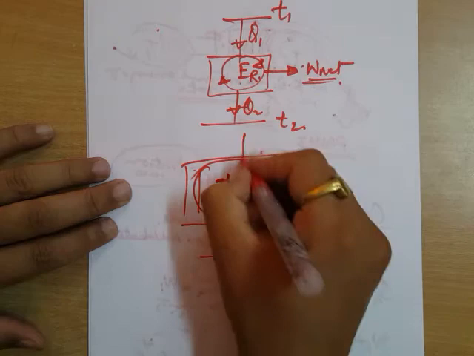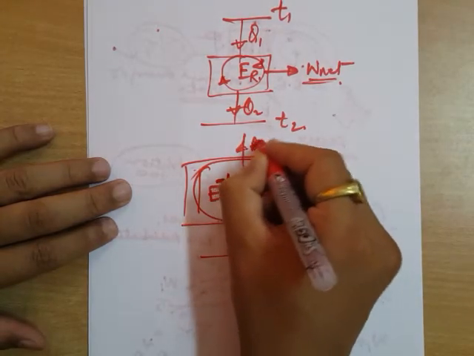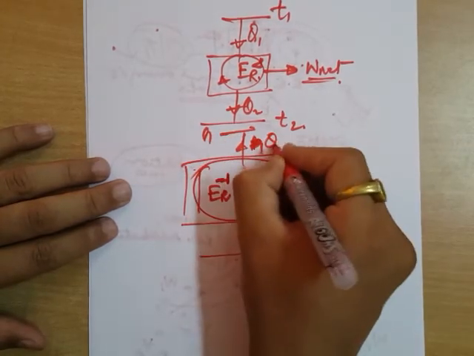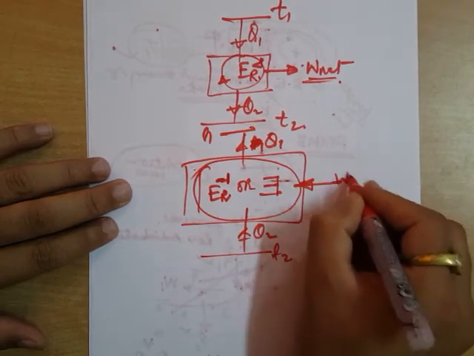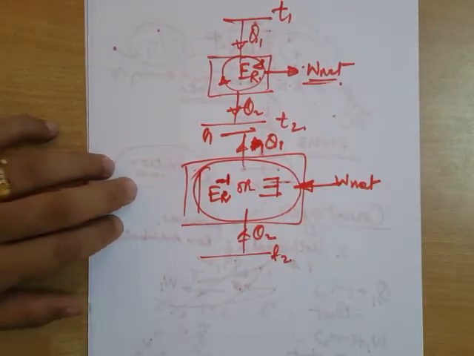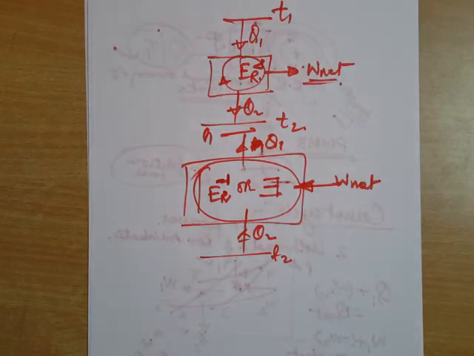So this is T2, this is T1, this is Q1, and this is Q2, and this is W net. So you see, in reverting the cycle, you have just changed the directions of the heat or work, but the magnitude remains the same.